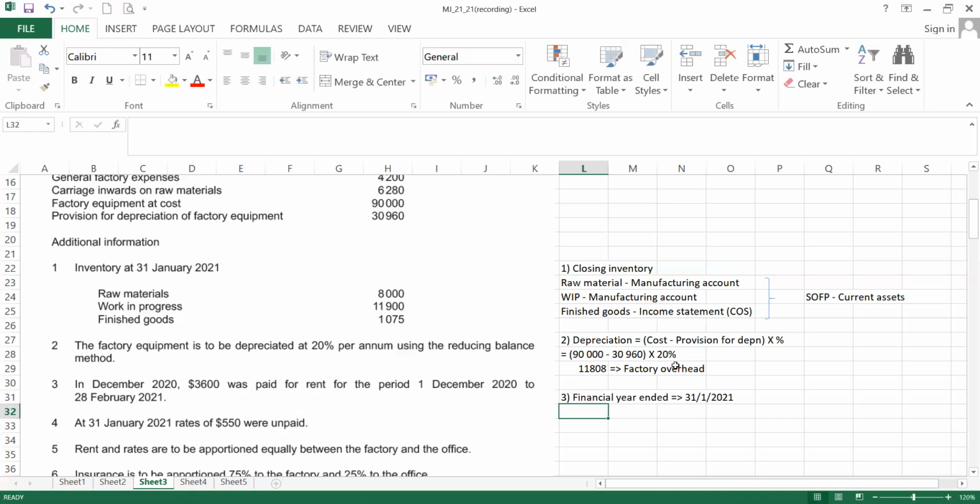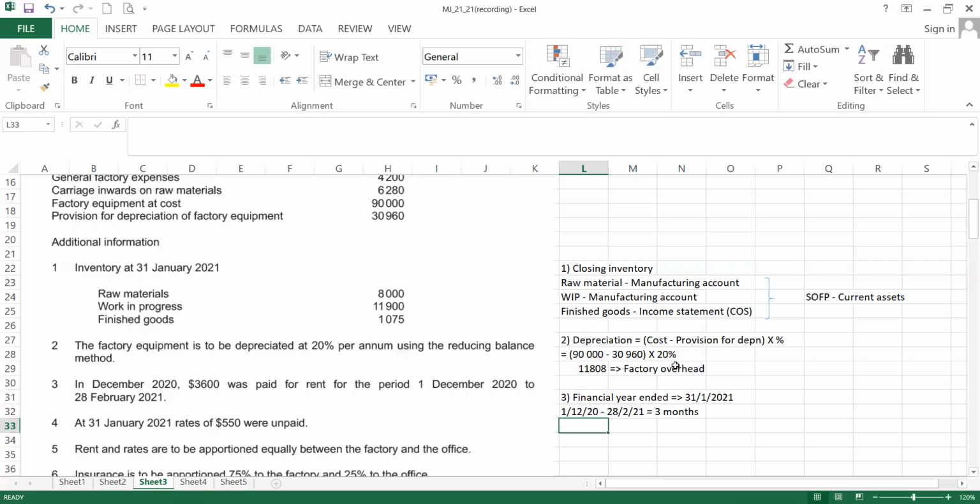So they pay from the 1st December 2020 to the 28 February 2021. So how many months? December, January, February. Total is 3 months.